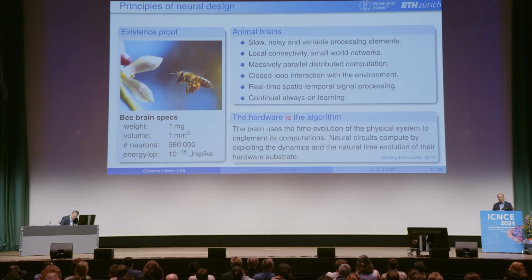Finally, the constraint of being able to operate in a closed loop, interacting with the environment in real time, also guides the development of algorithms. It's a really important design principle. We need to do this, of course, in real time so that we can interact with the environment naturally. And we need to do it with signal processing.